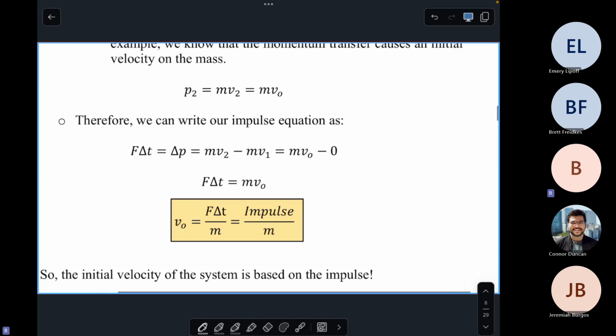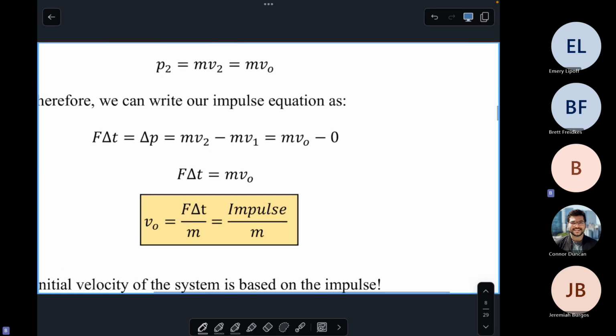And based on that definition, what we derived was that the initial velocity of the system can be written in terms of that impulse. Because like we said, F delta T is equal to the change in momentum. If you were to assume that the mass is not moving before it struck, you can say that this is equal to the velocity times the mass after the collision versus the one before the collision.